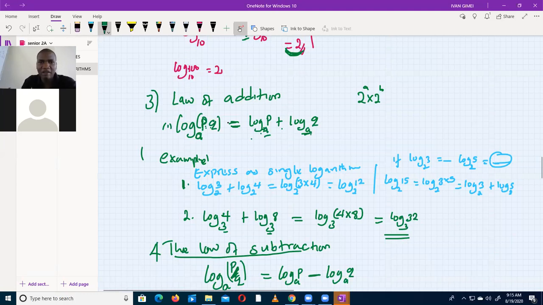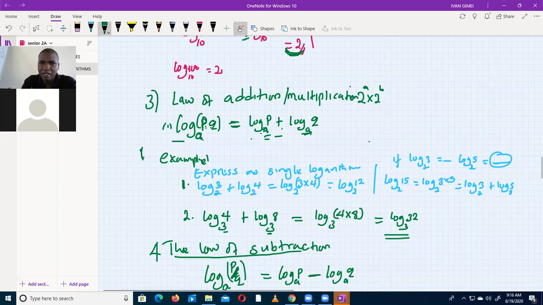If I have log of p q base a, I can separate them and say this is the same as log of p base a plus log of q base a. This is the law of addition. You can say addition stroke multiplication, since it works either way.